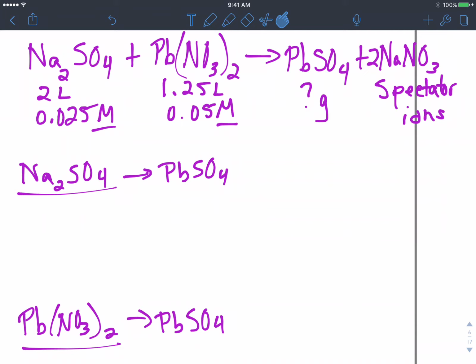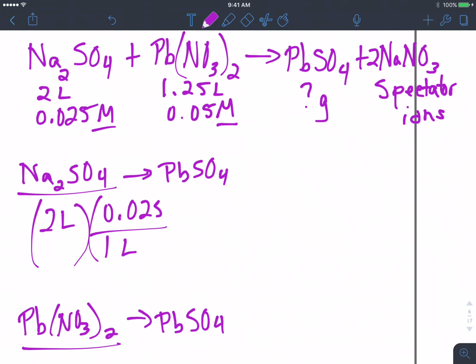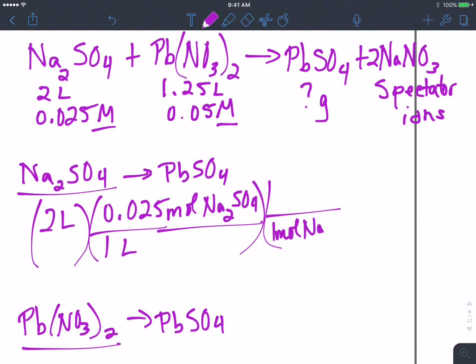Let's just do the math here. If we start with Na2SO4, we had 2 liters of that. In 1 liter of the Na2SO4, we have 0.025 moles of Na2SO4. Our mole to mole ratio says that for every mole of Na2SO4, we will get 1 mole of PbSO4.